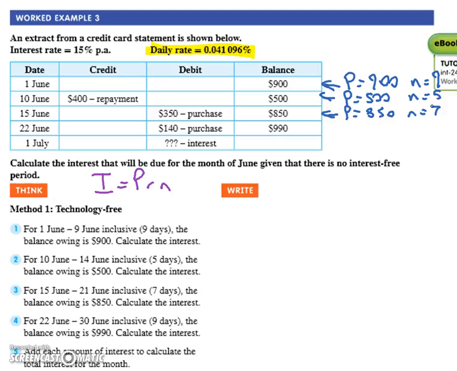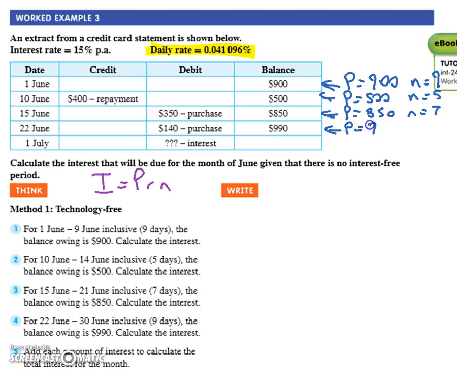Okay. What about this one? They now owe $990. How long do they owe? Okay, $990. How much do they owe it for?